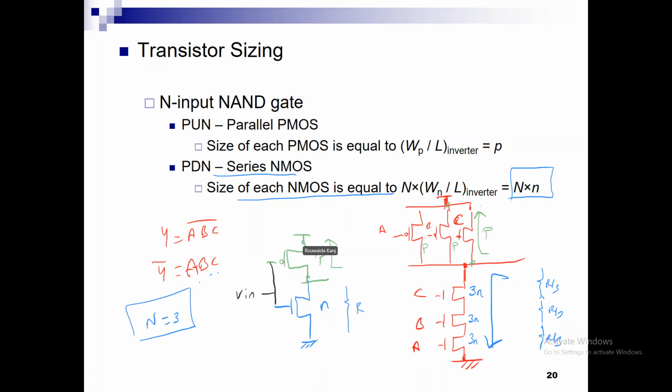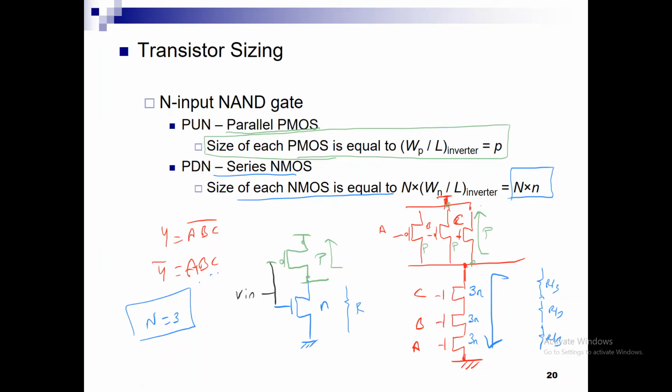So since the PMOSes are all in parallel, the W by L will be set to have the same ratio P, or the W will have the same ratio and same value as the W of the inverter, because L is common, is equal in all cases. Okay.